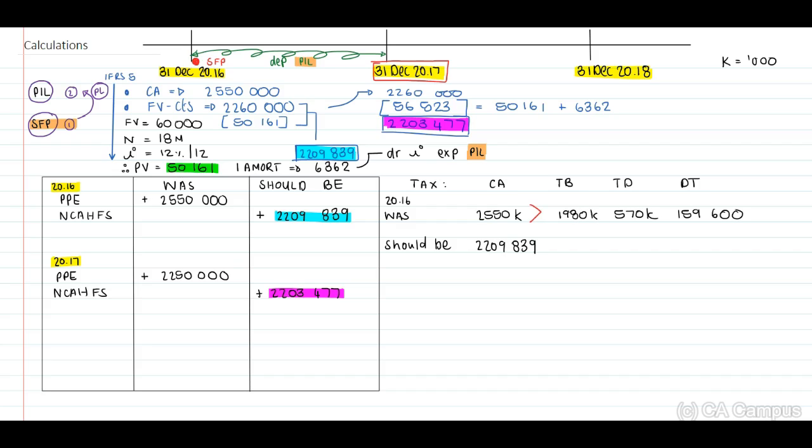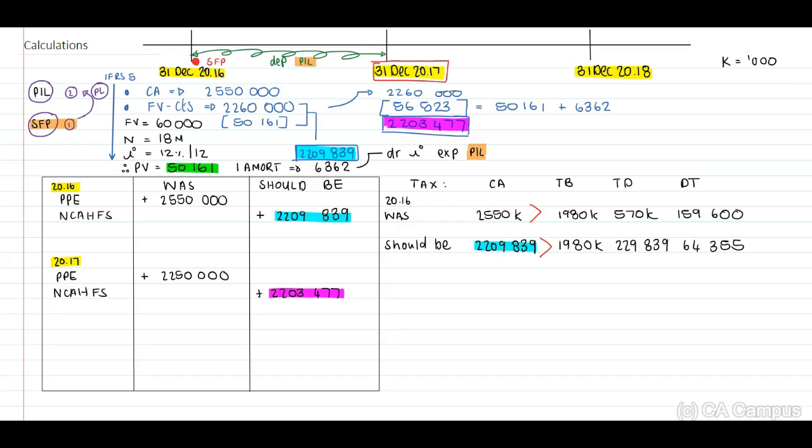Should be 220,939, which is the non-current asset held for sale. The tax base remains the same, and our temporary difference will be the 229,839. Deferred tax liability, carrying amount exceeds the tax base, and this is 64355.